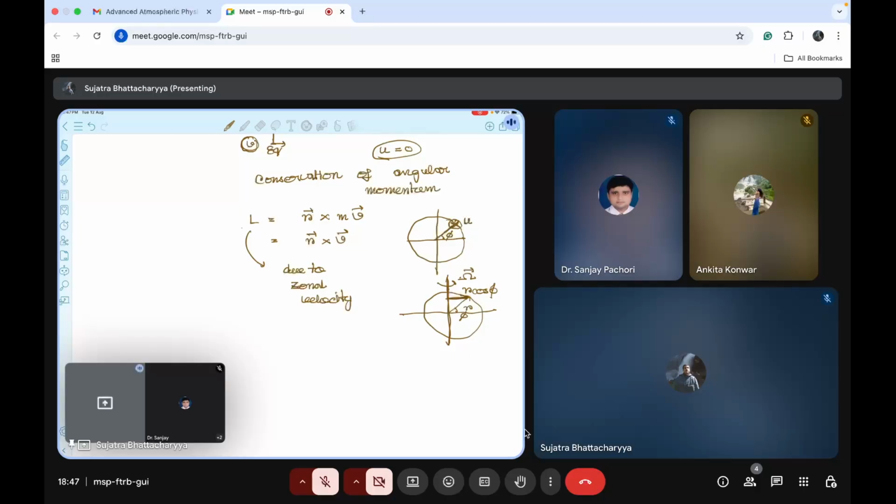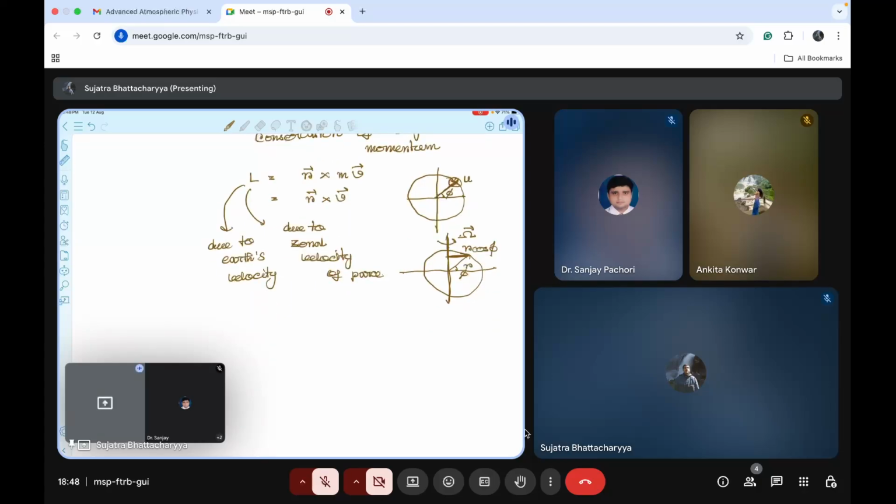So this angular momentum is also due to Earth's rotation. So two velocities are there. One is the Earth's velocity, another is the zonal velocity of the air parcel, or a volume of air. So angular momentum is always because of these two things.